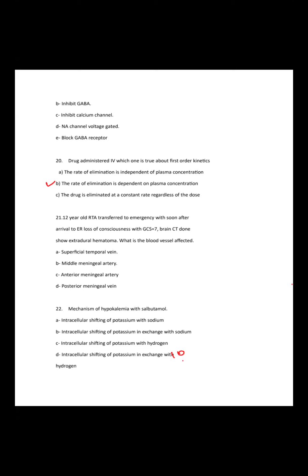Is that clear? Next, a 12-year RTA to the emergency soon after arrival. They are asking about extradural hematoma; the blood vessel is the middle meningeal artery. Mechanism of hypokalemia with salbutamol: salbutamol causes shifting of the potassium inside the cell.